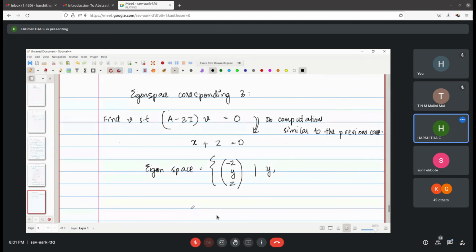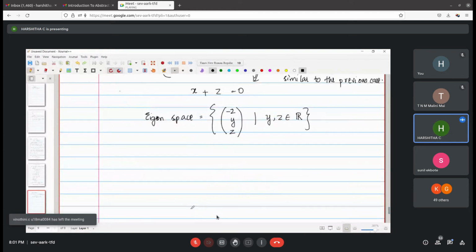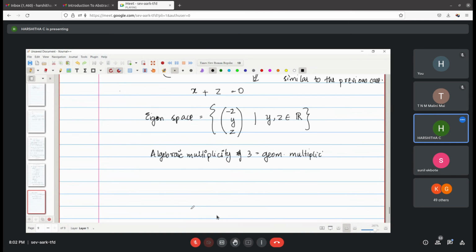So this is a two-dimensional subspace. So again here the algebraic multiplicity of 3 is equal to the geometric multiplicity of 3, which is equal to 2.